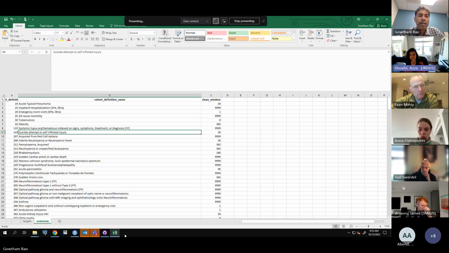And last year, Gowtham, we actually created a template to help with what to look at in cohort diagnostics, and we created some rubric for Jamie's session, and then for your tutorial.